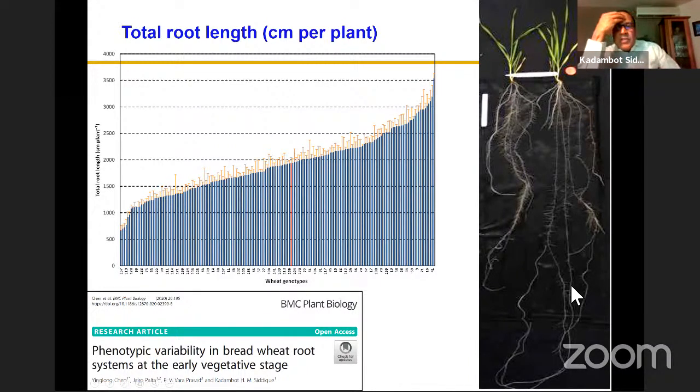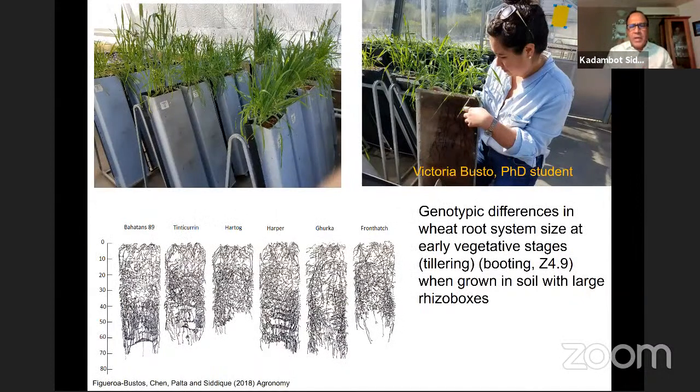Now, this study is used by a number of PhD students, and more recently, one of the students from Bangladesh is looking at the QTLs using some of the NIL and RIL lines, including some of them developed by Rupali. So here is one of my PhD students, Victoria. She's from Chile. She's got her PhD and gone back. She tested the hypothesis that, okay, we first did it in the semi-hydroponic system, but we have rhizoboxes, 1 meter, 1.5 meter with soil, with a glass panel, and she was able to look at the images, and these are true three-dimensional images.